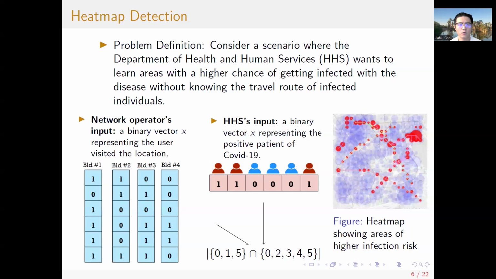Another application is called heat map detection. So consider a scenario where the Department of Health and Human Services wants to learn the areas where there's a higher chance of getting affected with the disease, without knowing the travel routes of infected individuals.